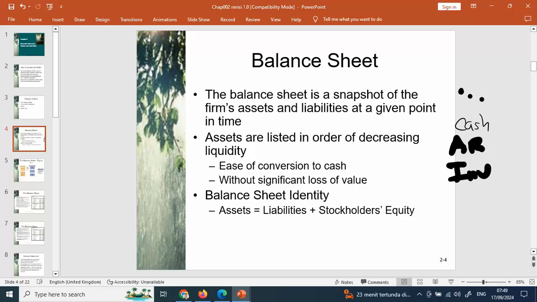So the lower one, the conversion is more difficult. Inventory is more time consuming, because we need to sell it first and then get the money. Account receivable, we only need to collect. The collector comes, I want the money, you pay.